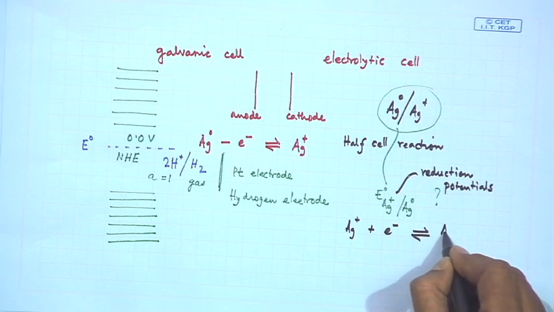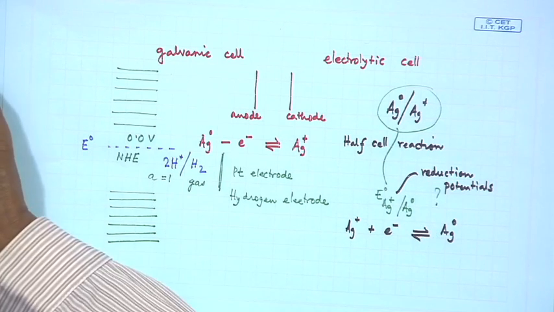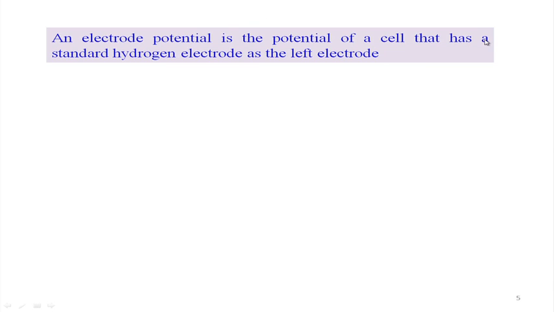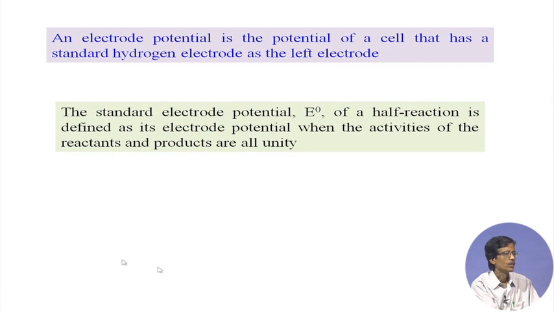So, this will give rise to silver 0 as the typical reduction reaction. How we measure this E0 value is very simple: you connect it with a standard hydrogen electrode as your left electrode. The species whose E0 value we are measuring is on the right and the hydrogen electrode is on the left. Then we get the standard electrode potential as your E0.